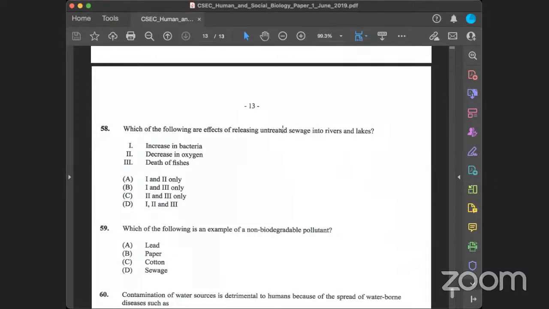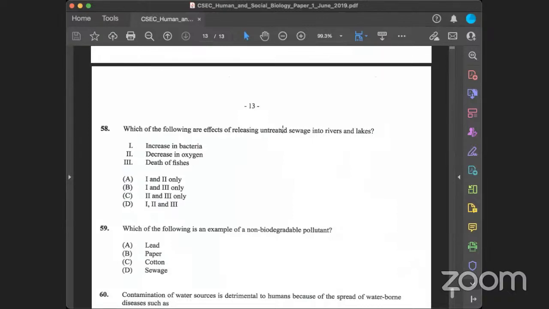when we treat it, we remove the bacteria, right? So if we treat it, we remove the bacteria, or we at least make the bacteria not as pathogenic, right? So it has to include increasing bacteria, because it's untreated sewage. So it has to be 1, right? Decrease in oxygen.